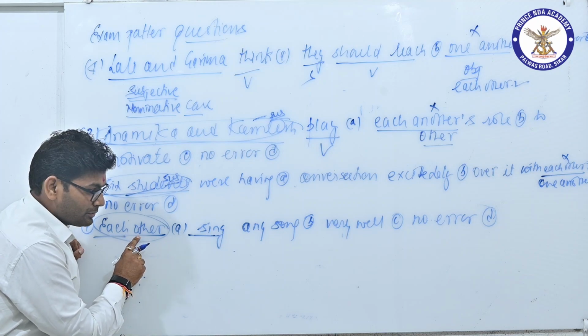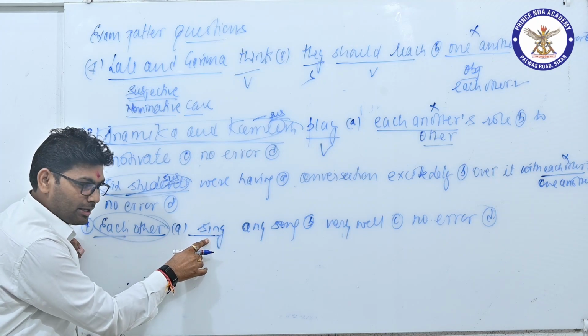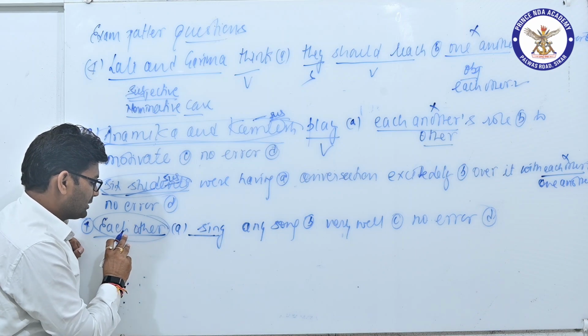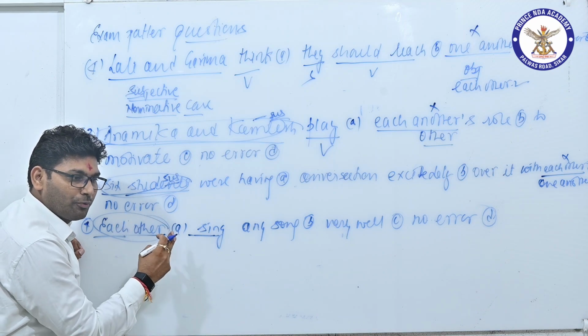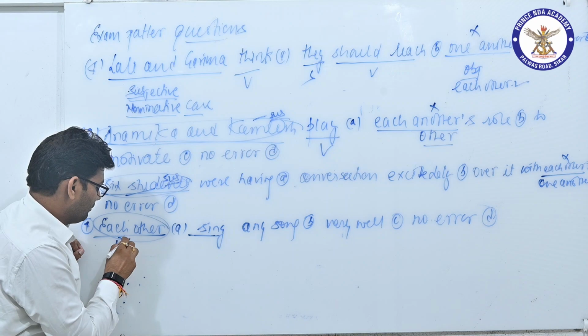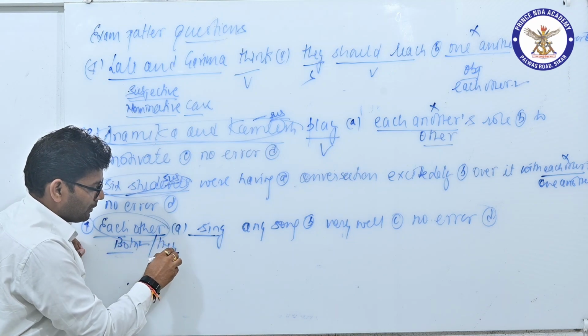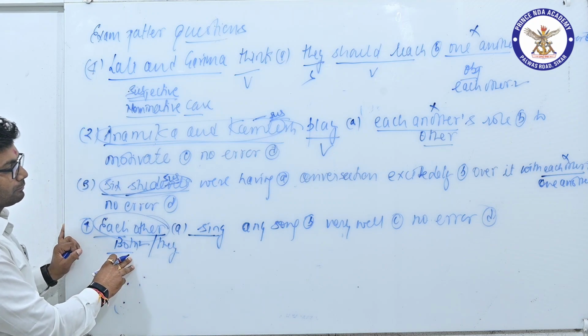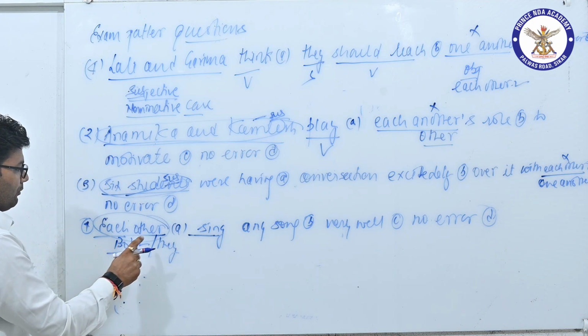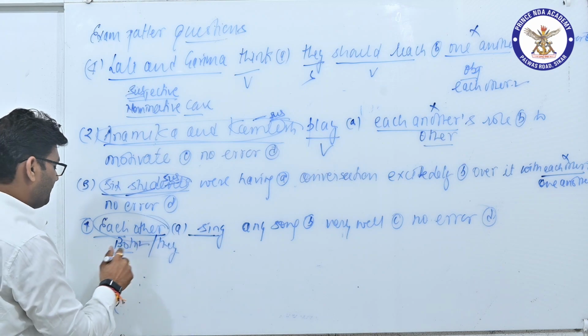Each other has been used for sing. Okay, so now each other is used for 2 people, and for 2 people we use the pronoun both. So we can use both, and we can use they. So the error would be in the A portion.